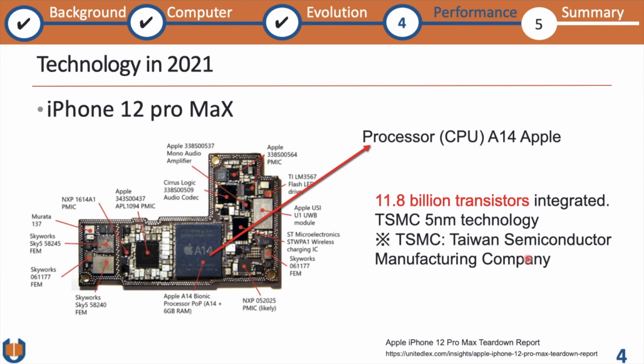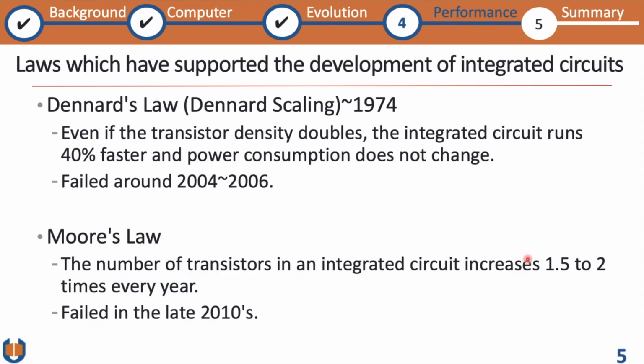So the thing is that the technology is increasing, and at the same time the scaling predictions of the earlier theorems are no more valid for the future. There are several reasons. The first thing was predicted by Dennard in 1974, who said that even if the transistor density doubles, the integrated circuit runs 40% faster and the power consumption does not change.